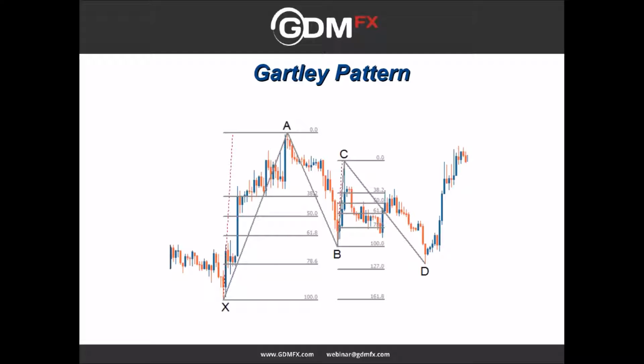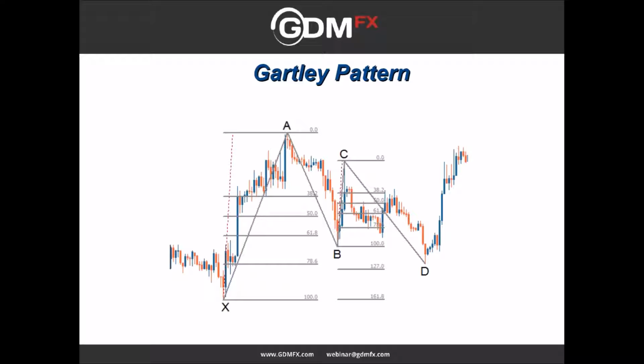It is important for you guys to remember that the AB leg equals in distance to the CD leg. So the pattern that you're looking at has a structure AB equals CD to complete the pattern itself, and of course, looking to enter at point D.